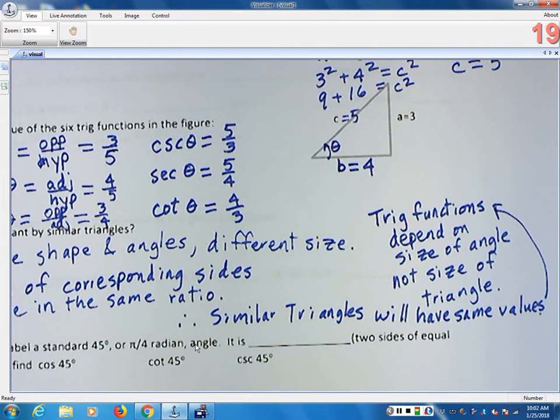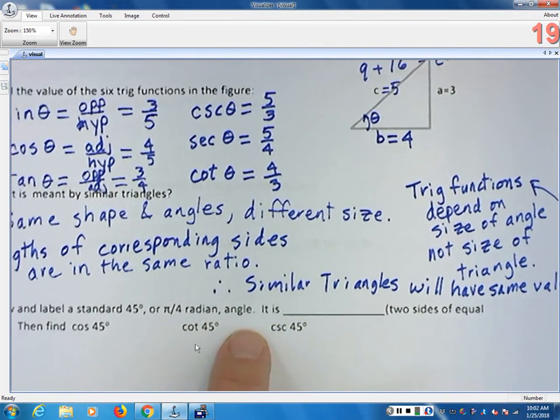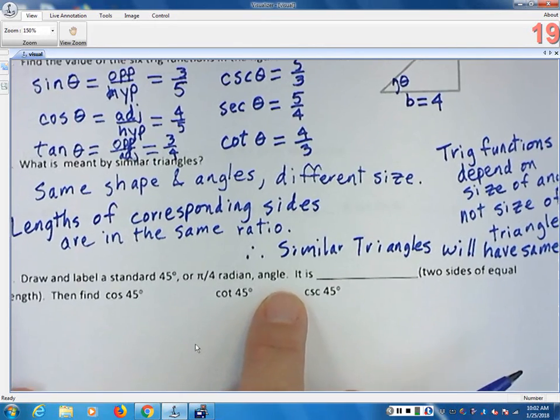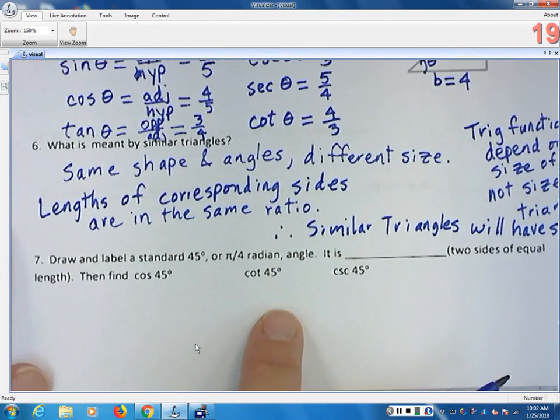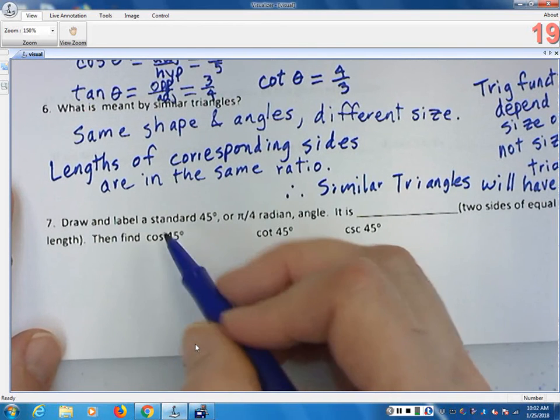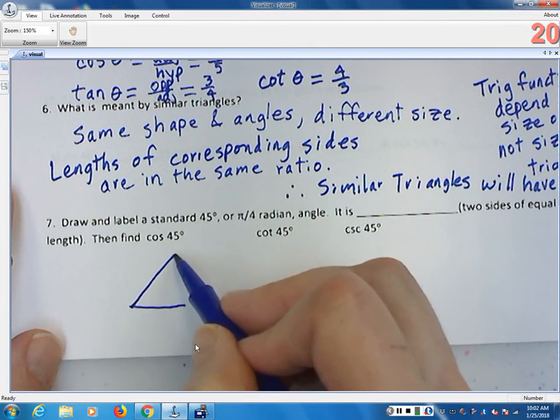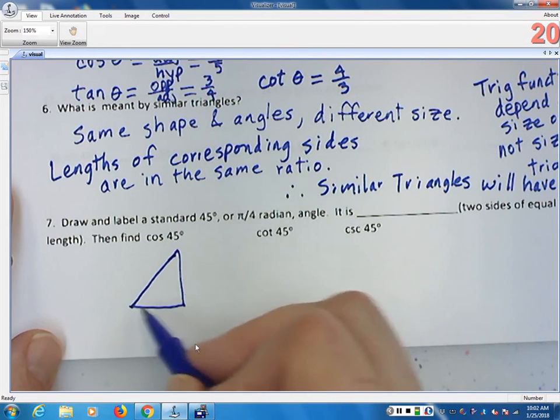Okay, so we're going to draw and label a standard 45 degrees and pi over 4 radians angle. Here it is. This is supposed to be 45 degrees.